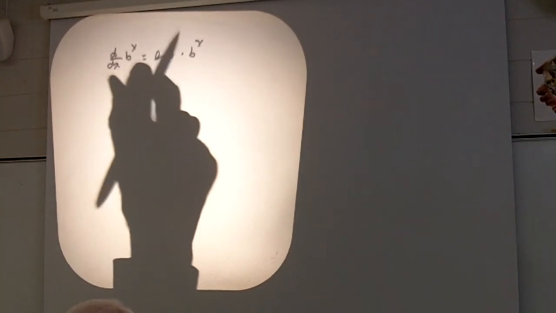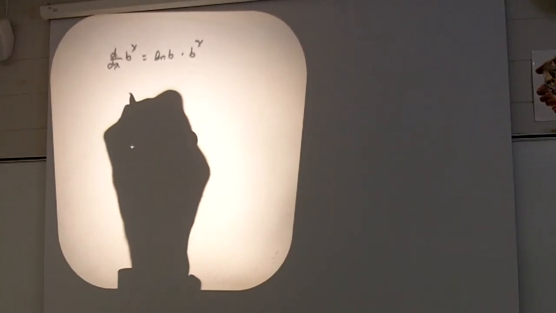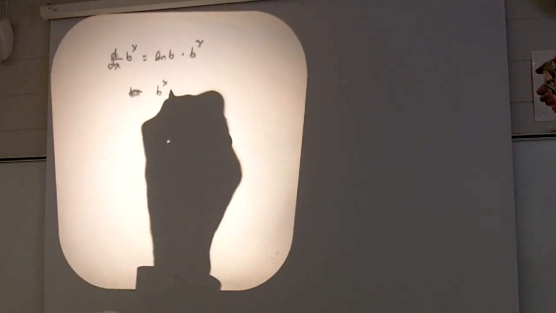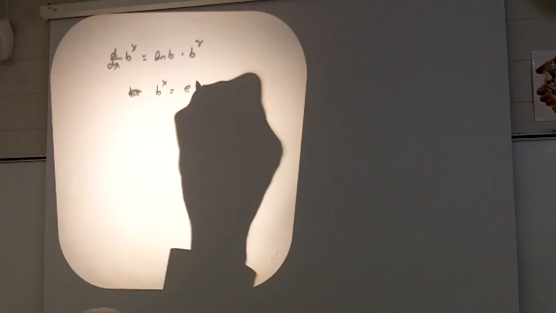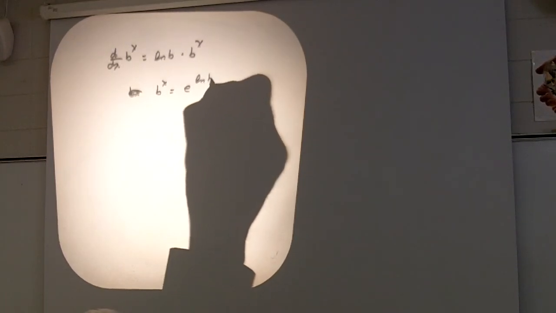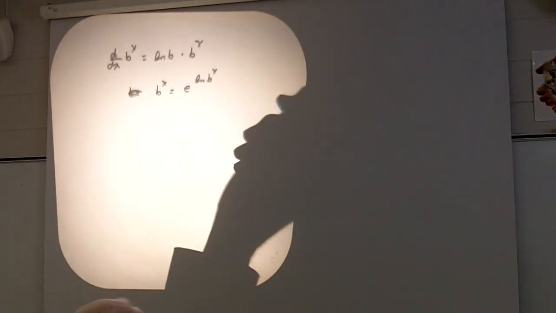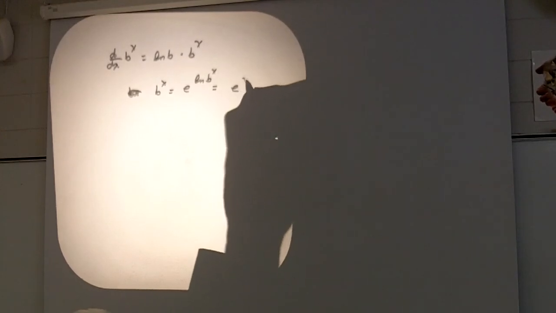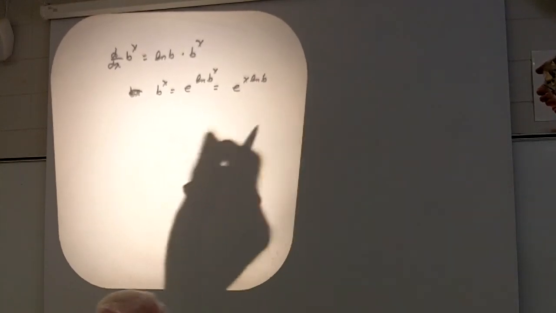Okay, so now in this case, I'm going to say b to the x is equal to e to the ln of b to the x. Got that? Okay, now that is equal to e to the x ln of b.